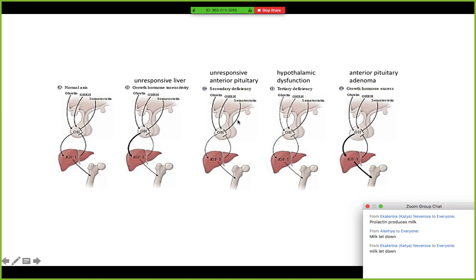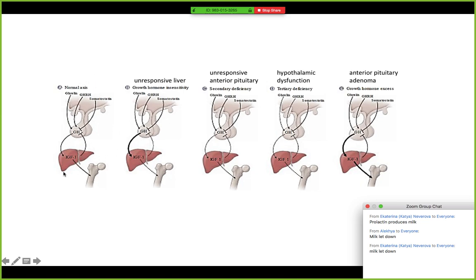Okay, now let's go through the different types of growth hormone deficiencies. So, if you have a normal axis, your hypothalamus is going to release GHRH, so growth hormone releasing hormone, and that's going to stimulate the anterior pituitary to release growth hormone, which will reach the liver, and that's going to stimulate the production and the release of IGF 1.